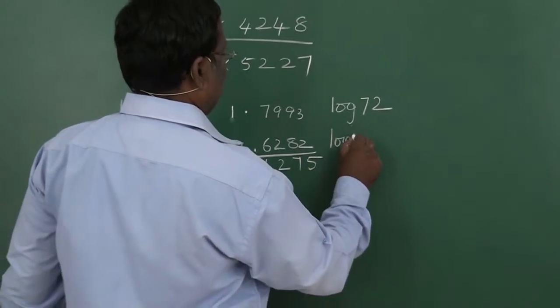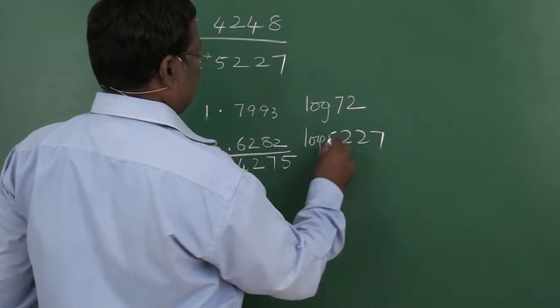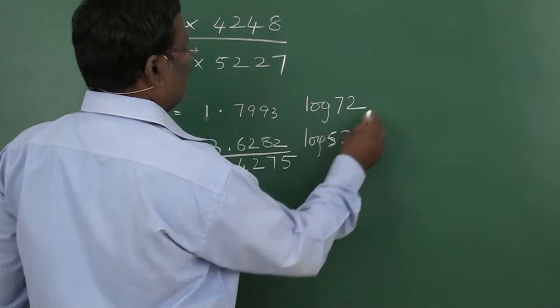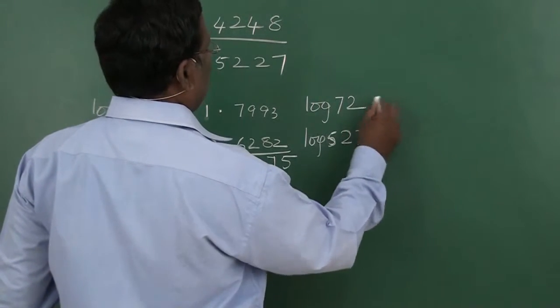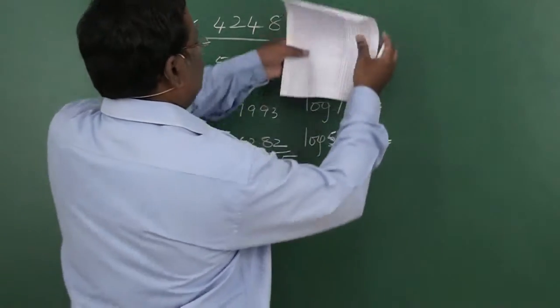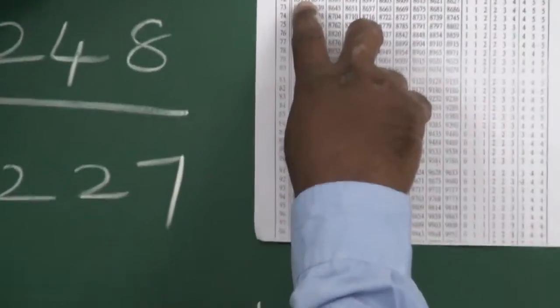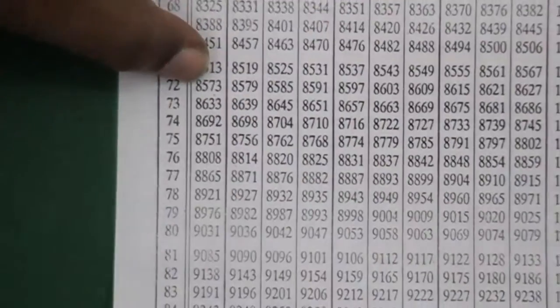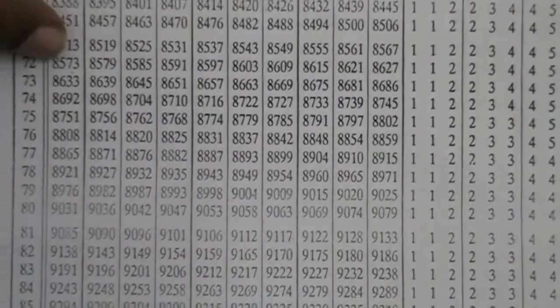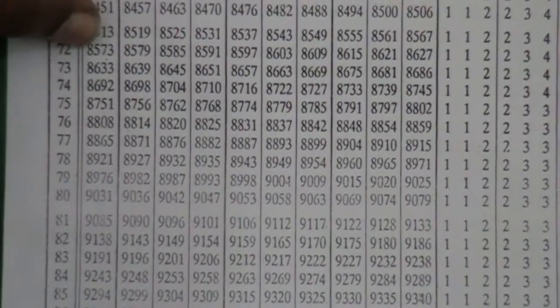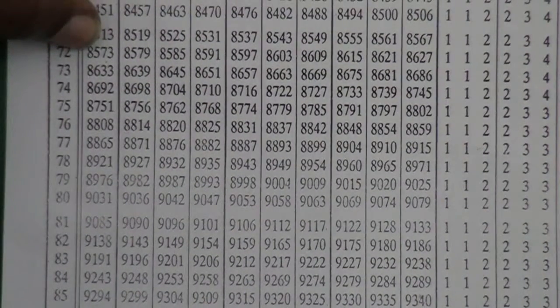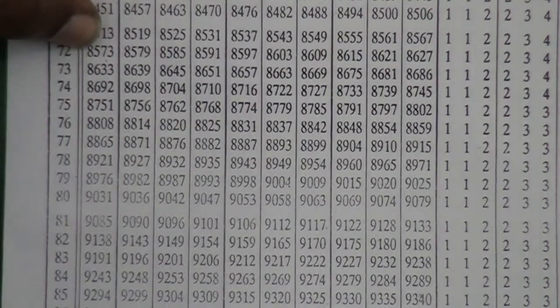Now here log 72 and log 5227. Log 72: 72 against 0 is 8573, so it is 1.8573.